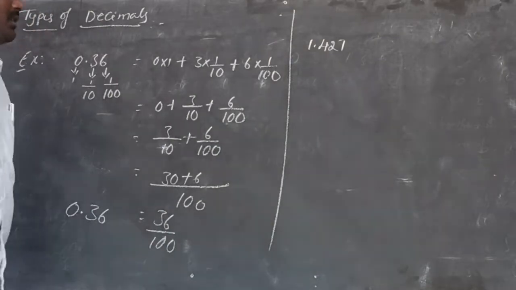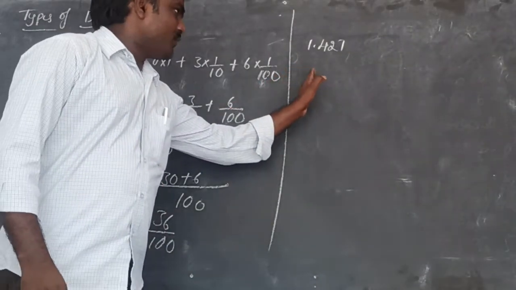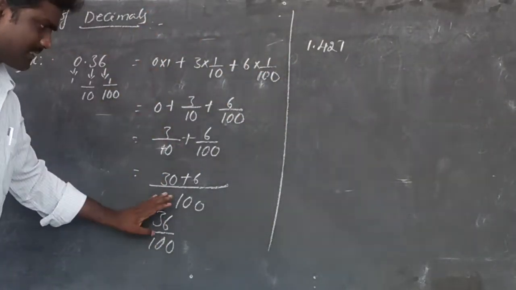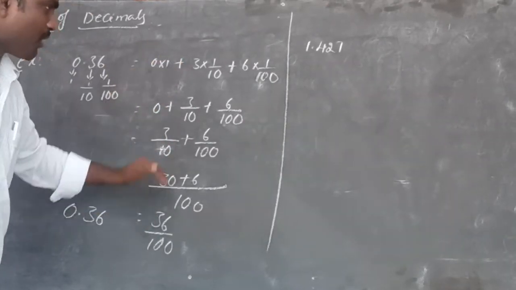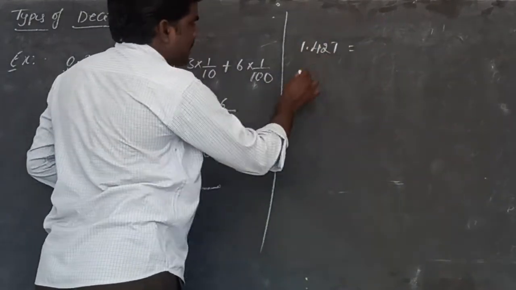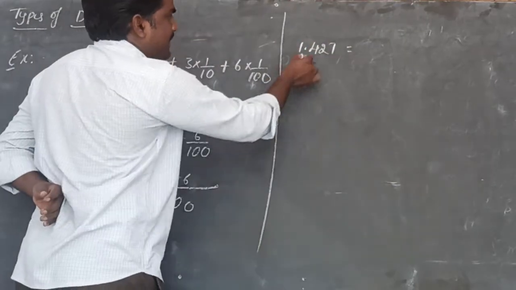For example, 1.427. Without using expanded form, how can we write the p by q form? After the point, how many decimals are there? 3.